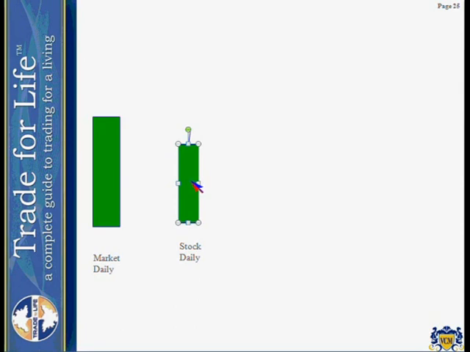Okay? Do you follow what I'm saying? In order for a daily bar to look like that, some serious institutional money has to be really interested. All right? So jump on their coattails.